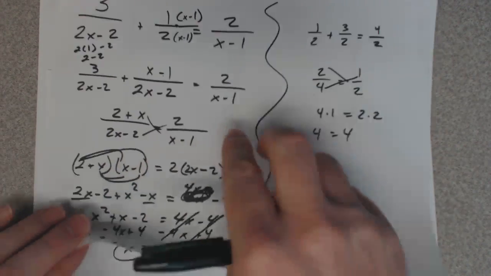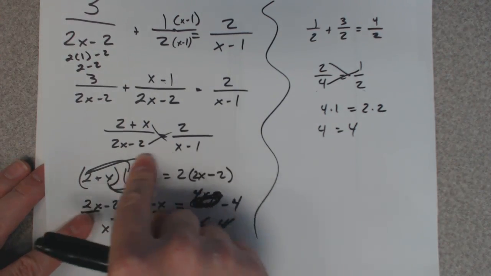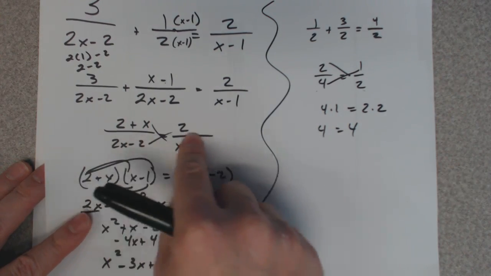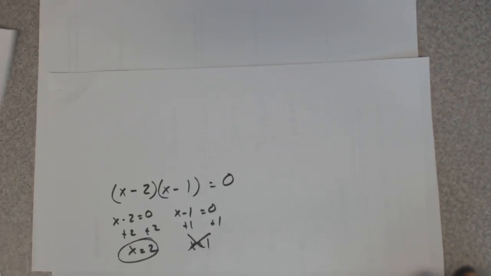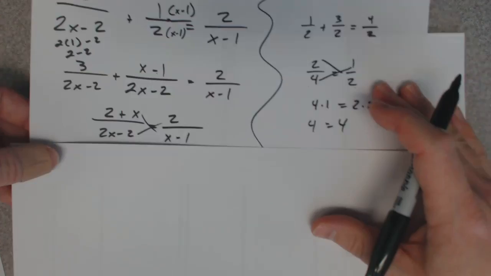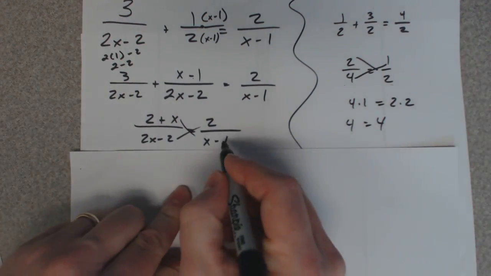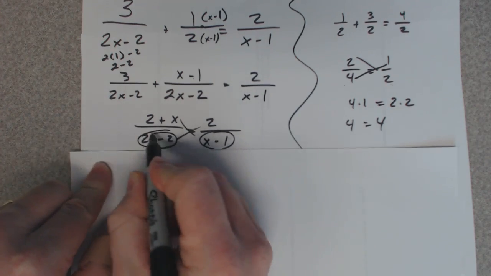Now, I would suggest it's a little bit easier to do this question if you can get the denominators equal, then you can set the numerators equal. Here's what I mean by that. That's one way of doing the question. But what I would suggest is when you get to here, don't cross multiply. Try to make this look like this.